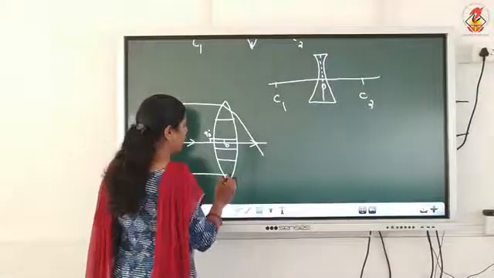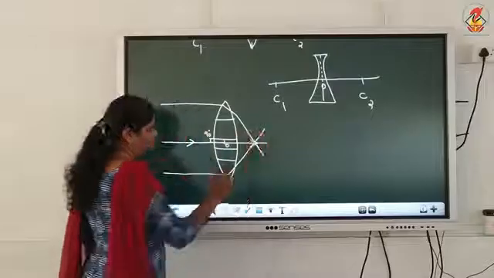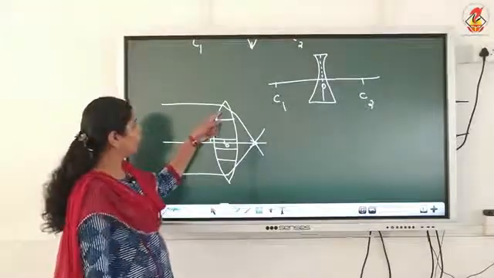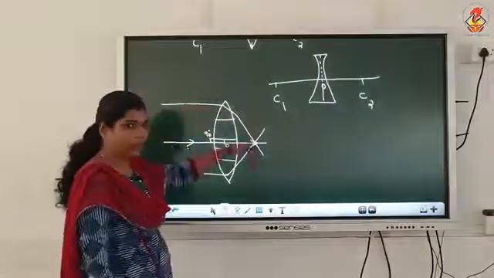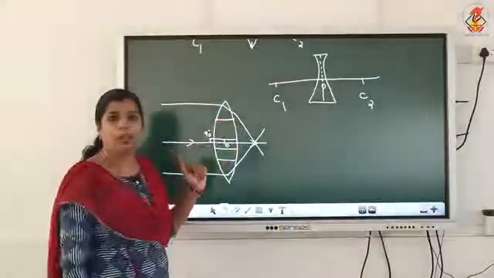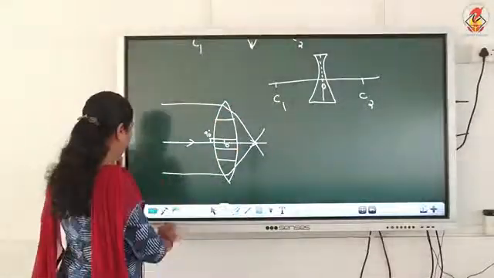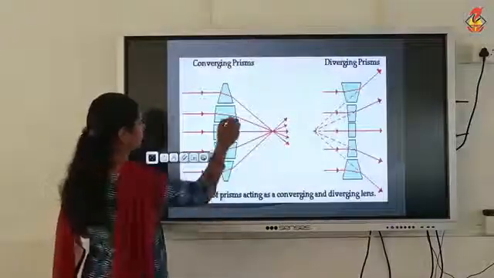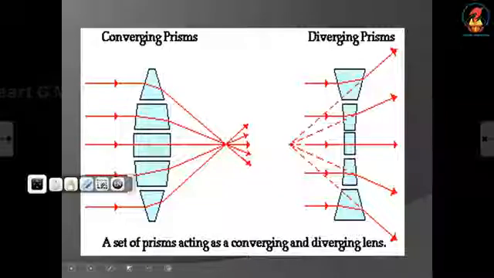So, it will bend upwards. This prism will bend the light ray downwards and this prism will bend the light ray in the upward direction. That you can see in this.